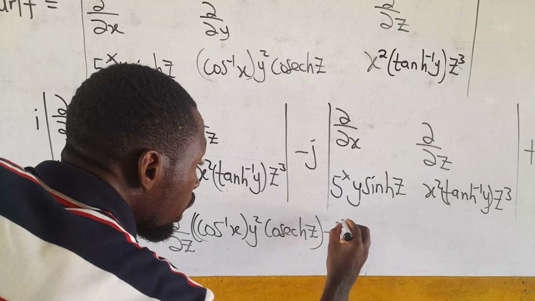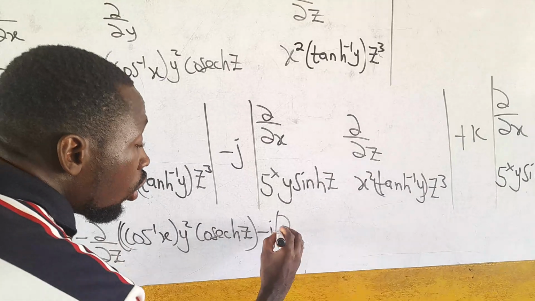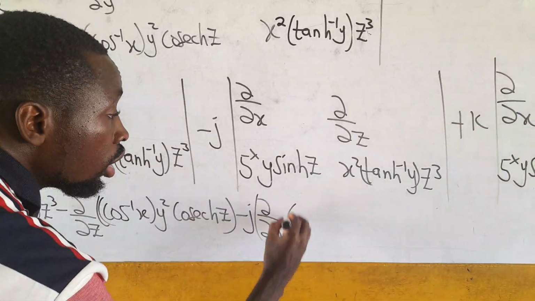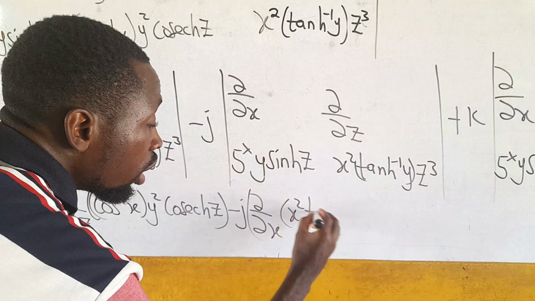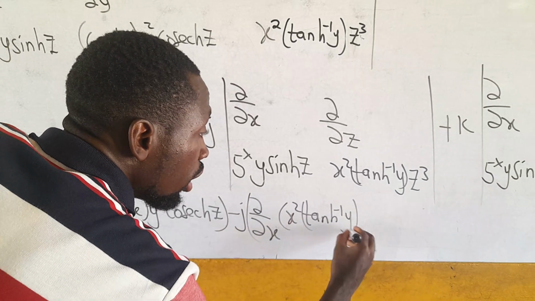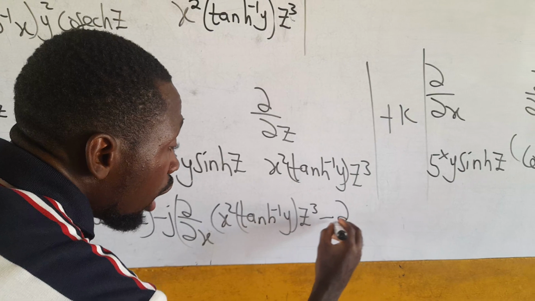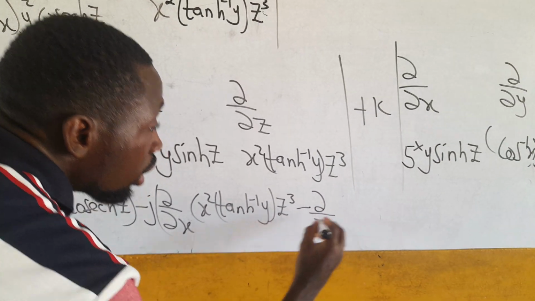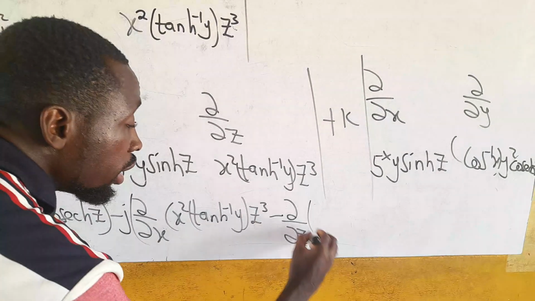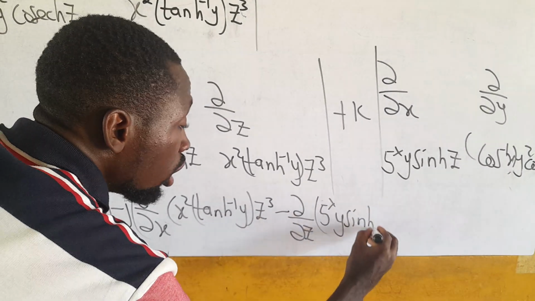Then minus j, del over del x of x squared tan inverse of y z cubed, minus del over del z of 5 exponent xy sinh z.